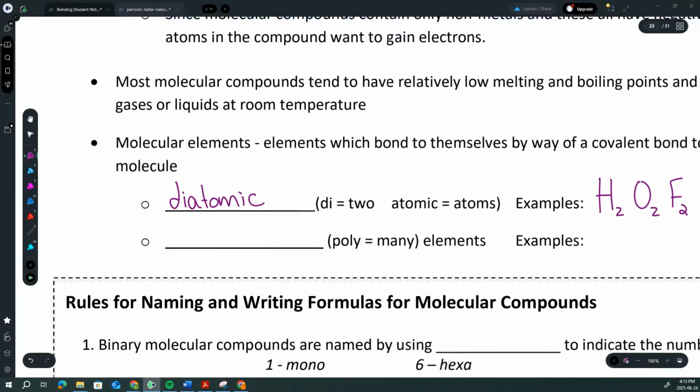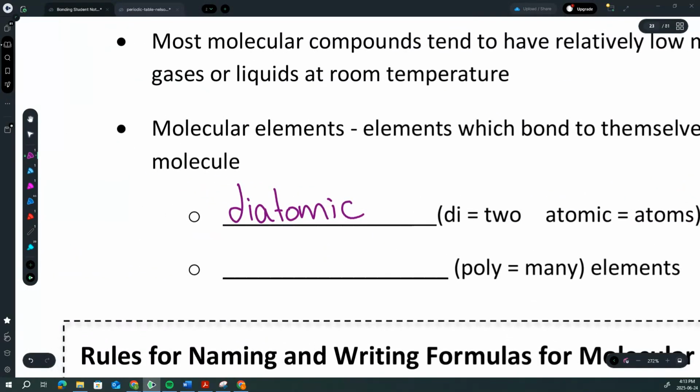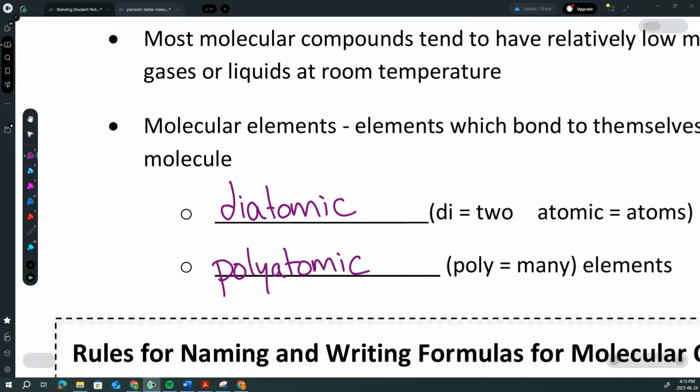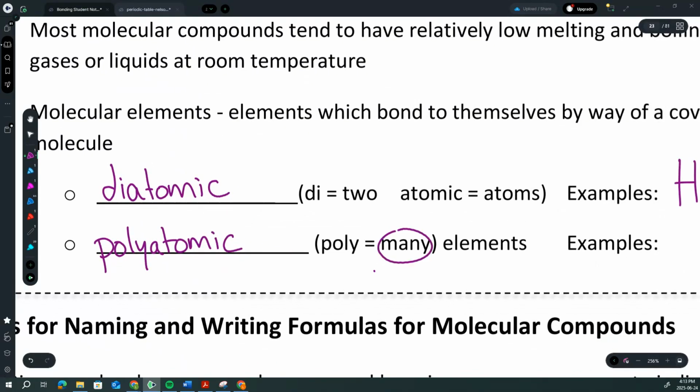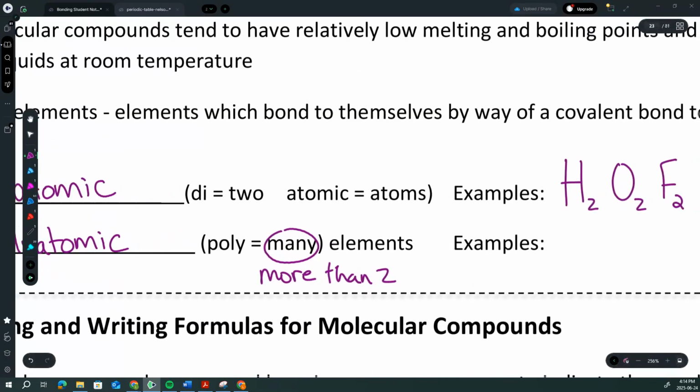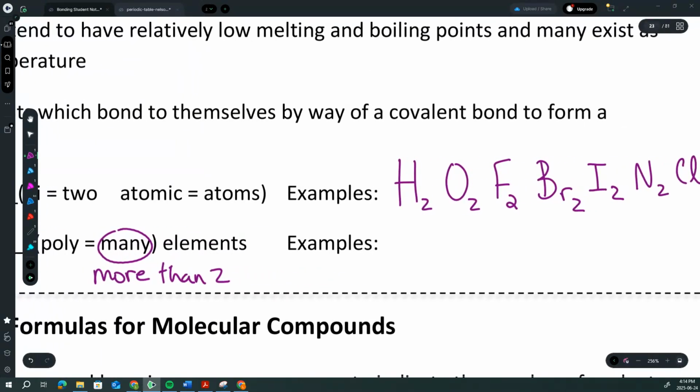Now we also have polyatomic elements. Poly just means many, in other words, more than two. Essentially, these are elements that, when they are by themselves, not in a compound, have more than two atoms grouped together.